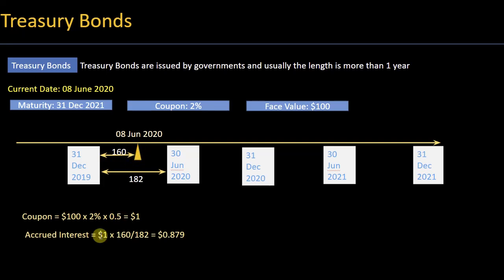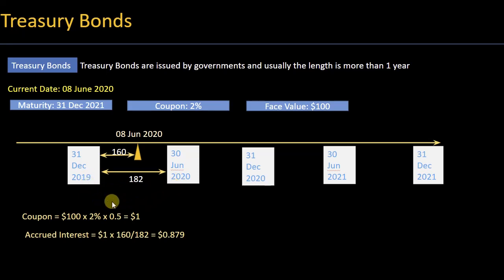In order to calculate the accrued interest, you start with your 6-month coupon, the semi-annual coupon, which is $1. Remember, this $1 is for this whole 182 days, because once you pay the last $1 here, the next coupon date is here.